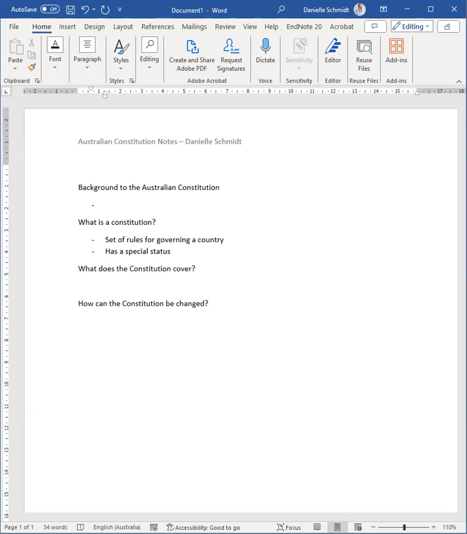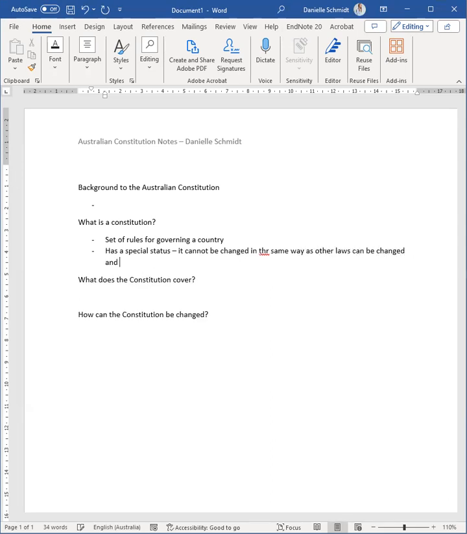It cannot be changed in the same way as other laws can be changed, and it is a supreme law. That is, it overrides other laws.